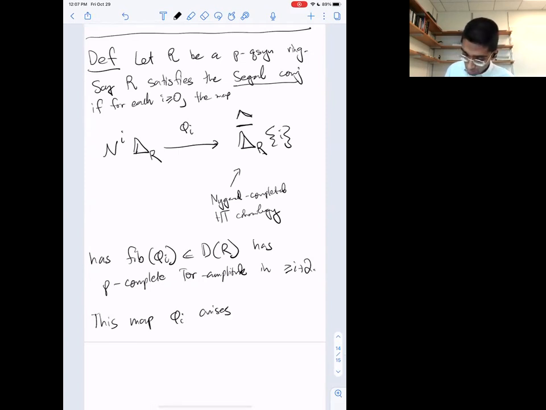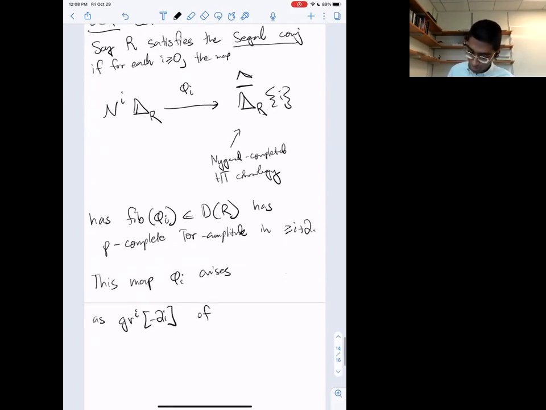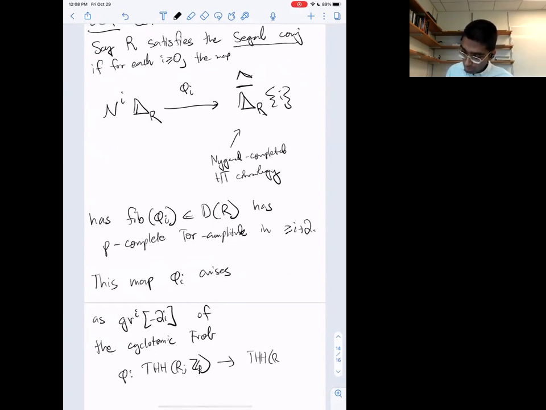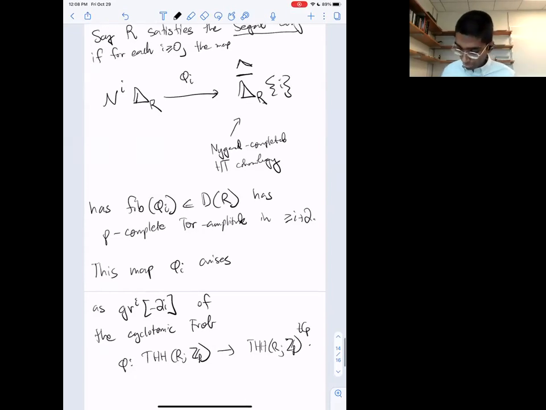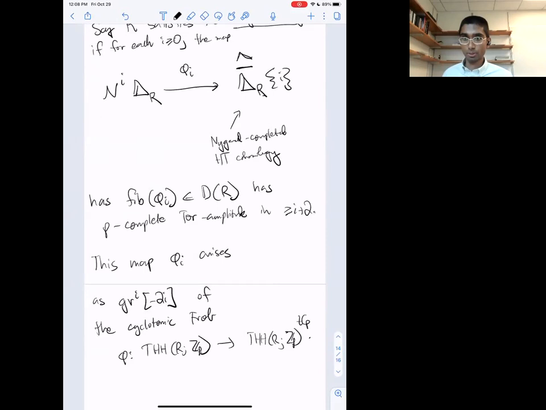It's the ith associated graded, up to some shift, of the cyclotomic Frobenius, which is a map from THH of R, p-adically completed, to THH of R Tate C_p. And so the cyclotomic Frobenius plays a central role in the approach to topological cyclic homology and cyclotomic spectra developed by Nikolaus and Scholze.